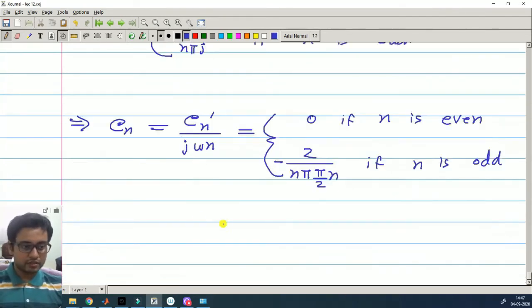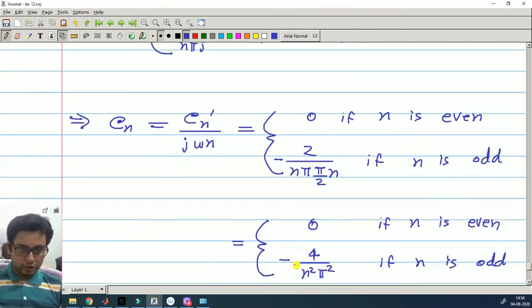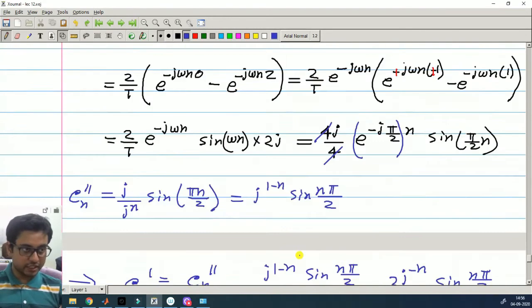That means this will be equal to 0 or 4 by n square pi square. So that is our answer to the question given.